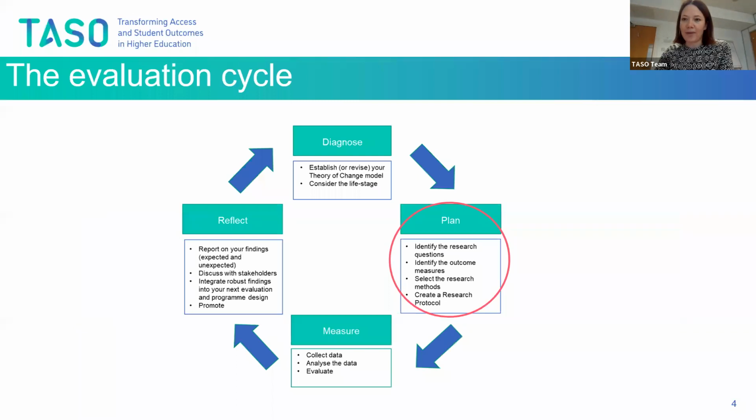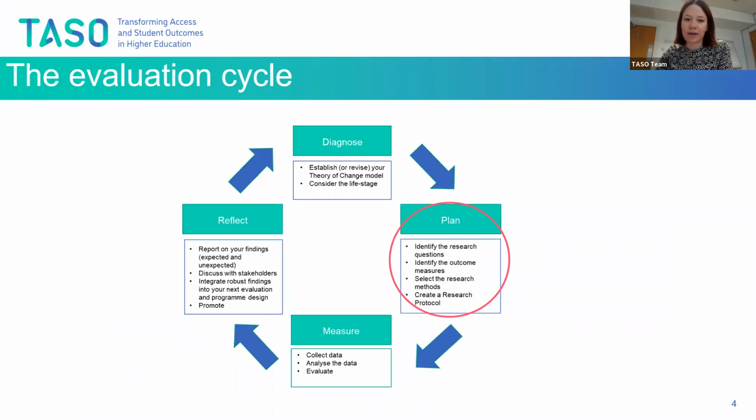So I think lots of people will have seen this slide and heard the preamble before, but I do like to start these webinars with situating us within what we call the evaluation cycle. So at TASO, we think of evaluation as iterative or circular, with each of these four phases informing the development of the next phase.